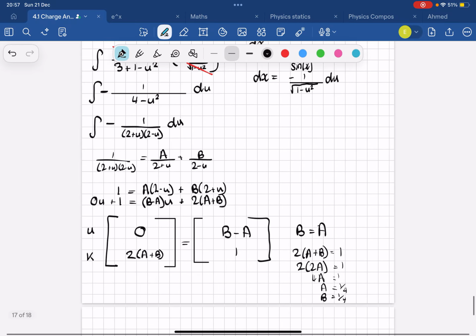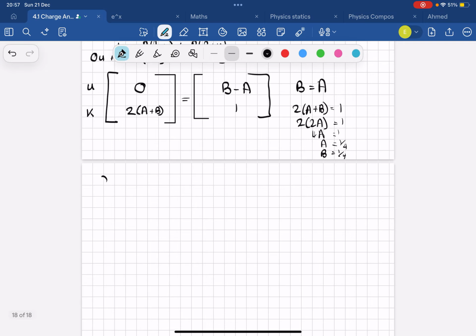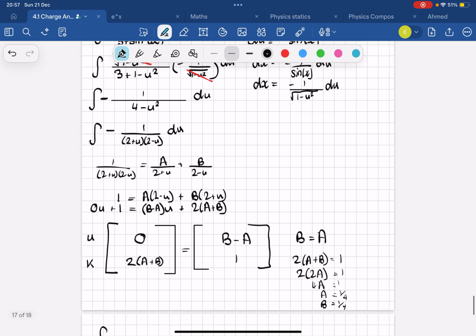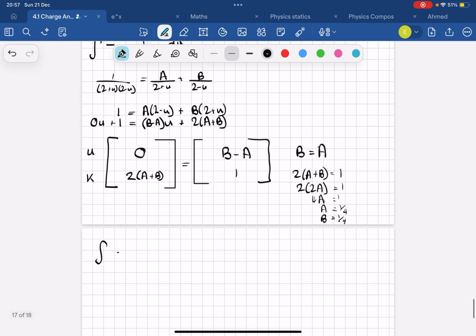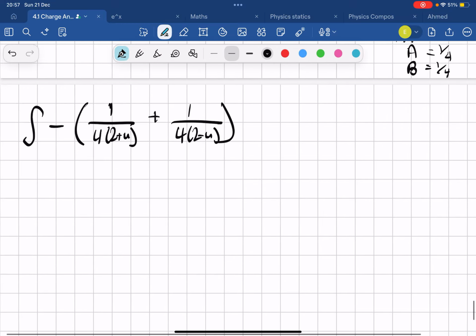So let's go back to our integral. We've got minus, a which is a quarter, over 2 plus u, plus a quarter over 2 minus u, and this times by minus.